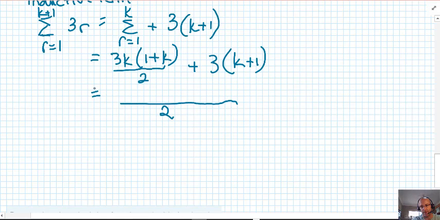And we get, so that's 3k(1 plus k) plus, now we've got to multiply this term by 2, and it's already multiplied by 3, so it's going to be 6(k plus 1).